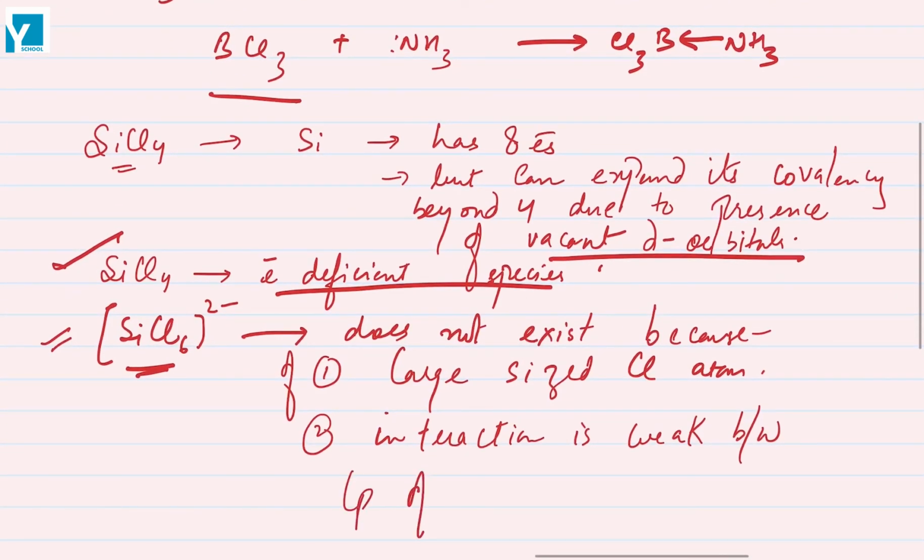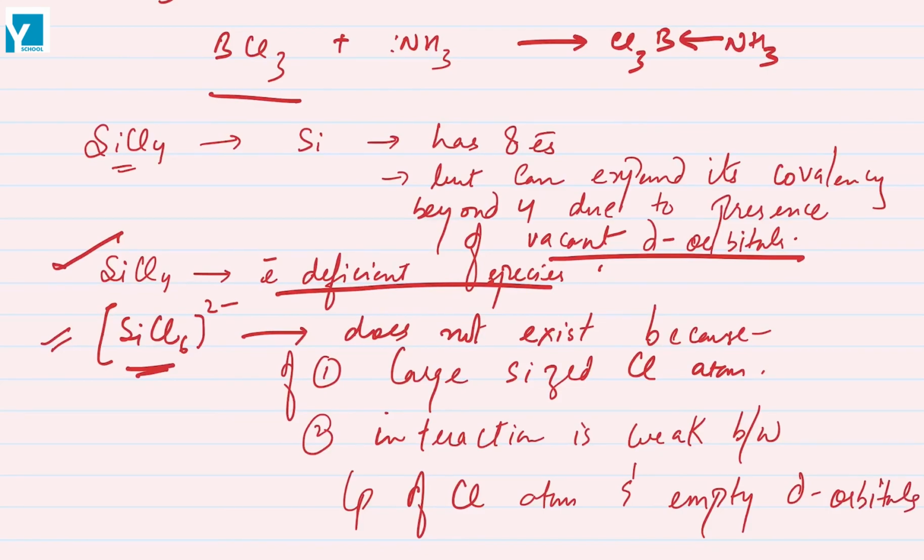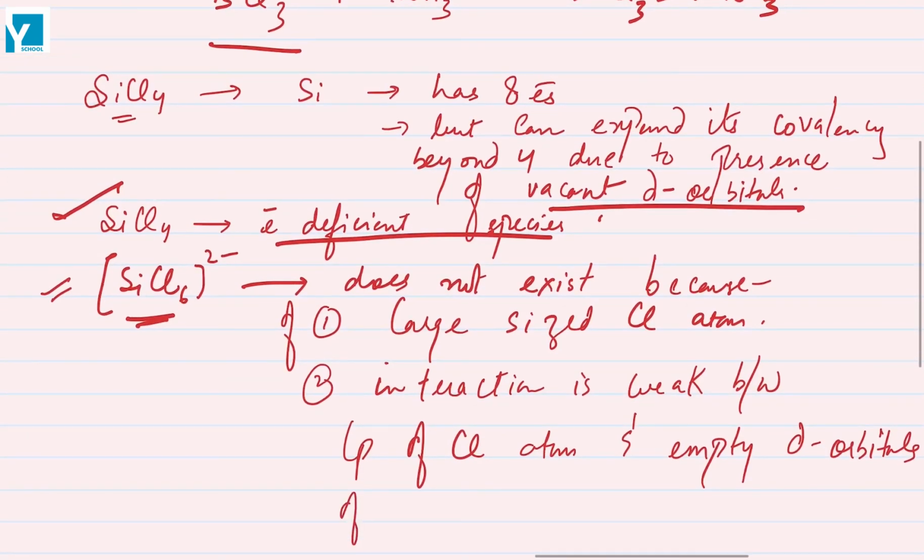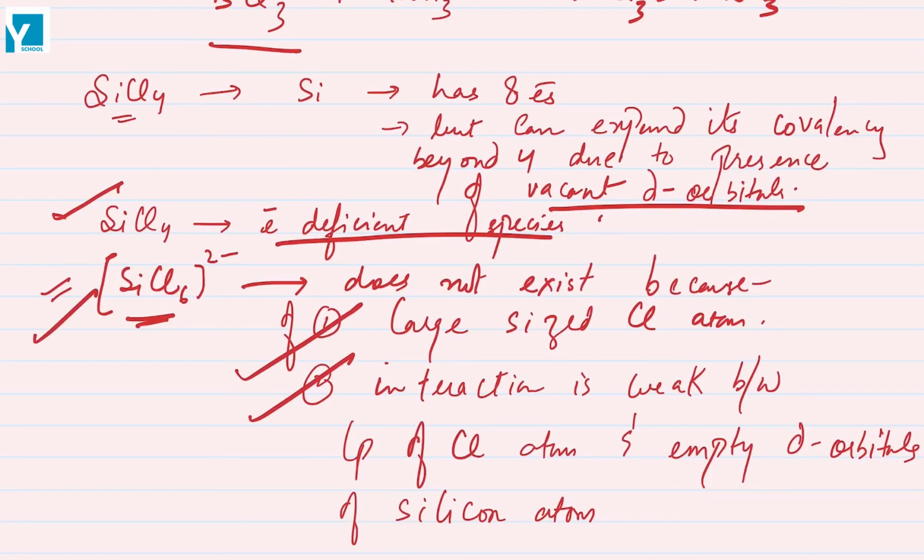Right? So due to these two reasons, SiCl6 2 negative is not possible.